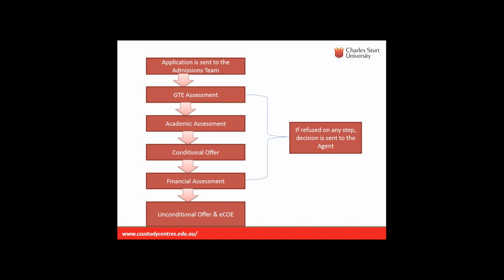That's why I suggest we be very attentive and careful at every stage of the application process, because from experience it's quite difficult to reapply and to reconsider the case. There can be exceptions, of course, but it's quite difficult to push the team for reconsideration or to reapply for the university.